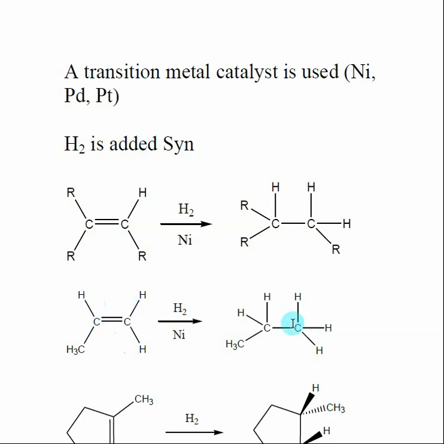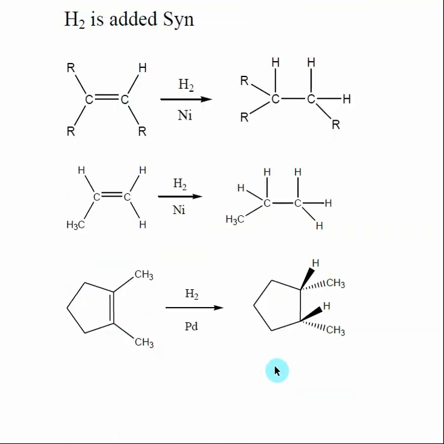Hydrogens, and I need to be very clear to show that they are on the same side of the molecule. This carbon went from a methyl group and a hydrogen to a methyl group and 2 hydrogens because I've added hydrogen to it. Same thing on this side: this carbon had 2 hydrogens, and now it has 3.